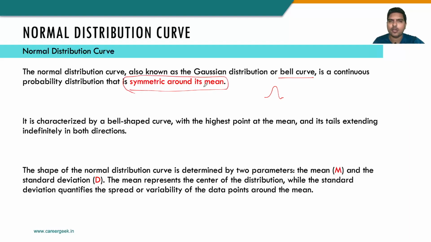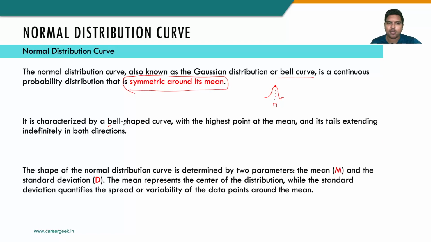What this means is that if this is the mean of the bell curve, all the terms are equally distributed around the mean. That is what a normal distribution curve is. Normal distribution curve means the terms are equally distributed or dispersed around the mean value.